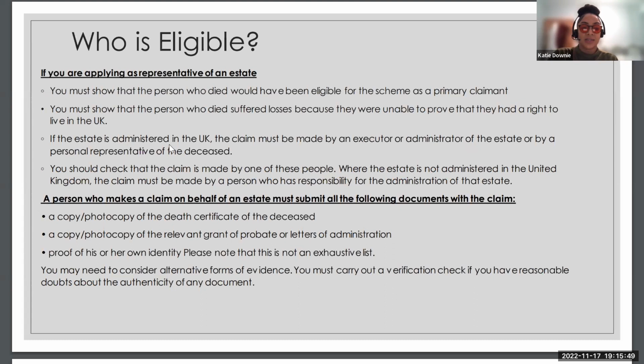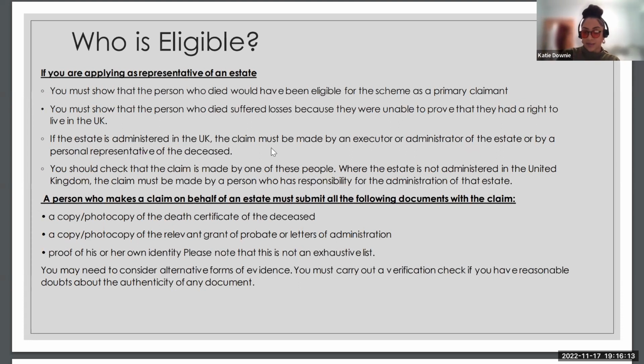If the estate is administered in the UK, so say for example, if your deceased family member owned houses or a business or whatever in the UK, the claim must be made by an executor or administrator of the estate or by a personal representative of the deceased person.